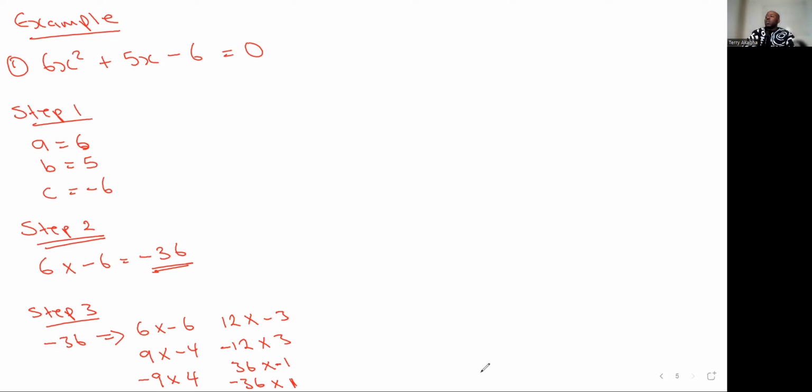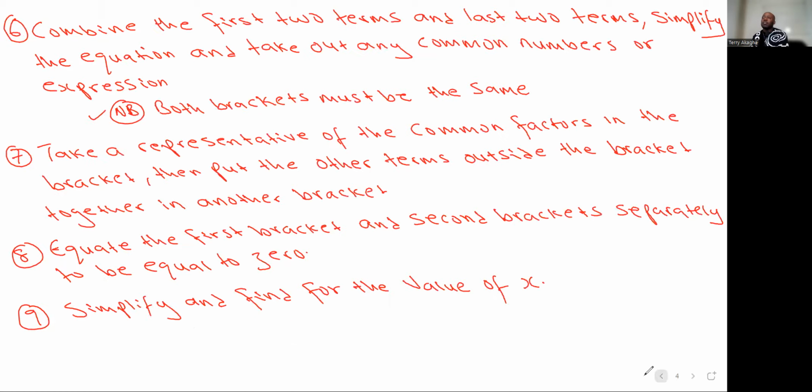Then we're done with that. So we've checked what will give us minus 36: 6 times minus 6, 9 times minus 4, minus 9 times 4. All these are the possible product pairs that will give us minus 36.